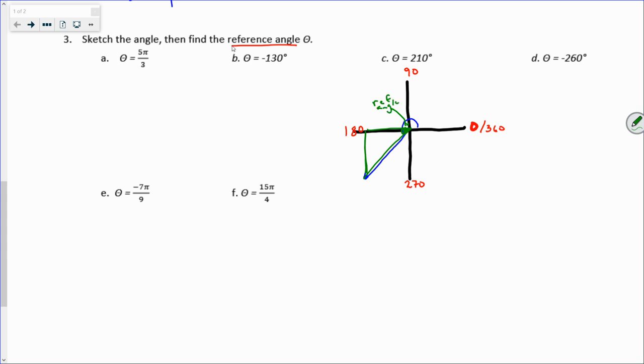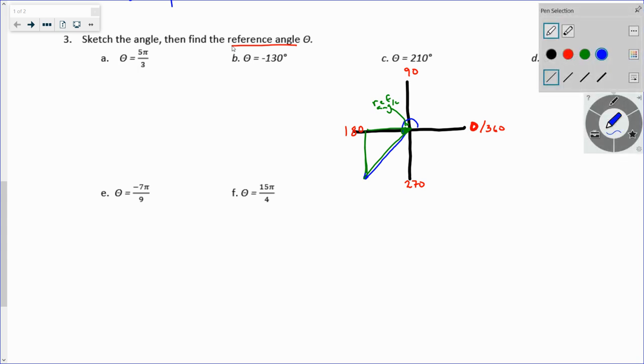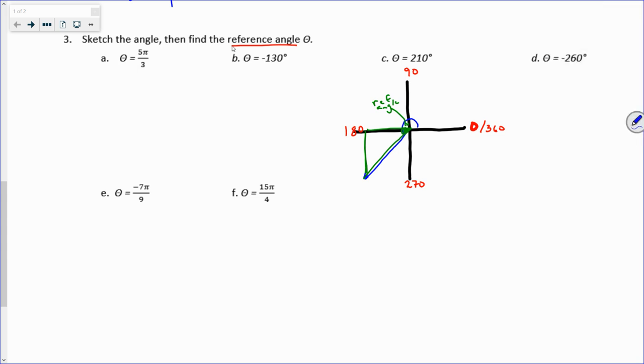So now that we've identified where it's at, let's identify what it is. If you imagine with 210, if we go all the way here into a semicircle, we've just used up 180. So if we go 210 minus 180, we're left with 30, which means our additional 30 is right here.